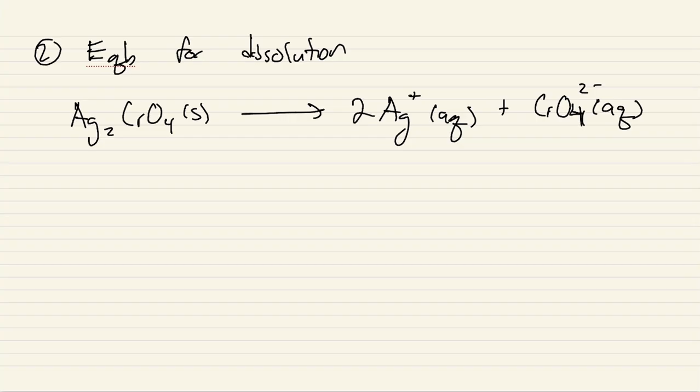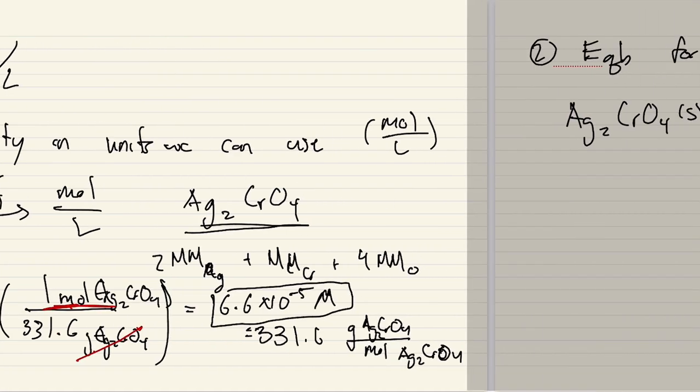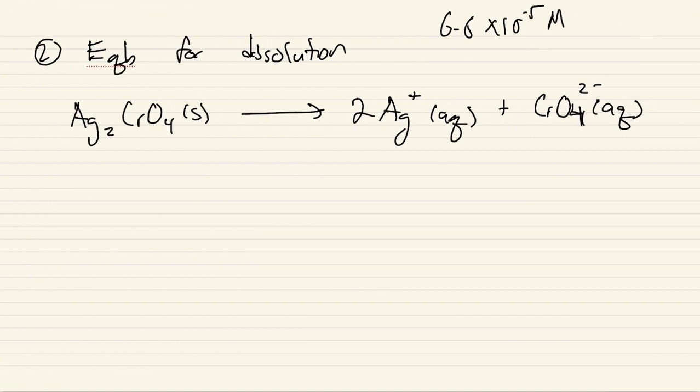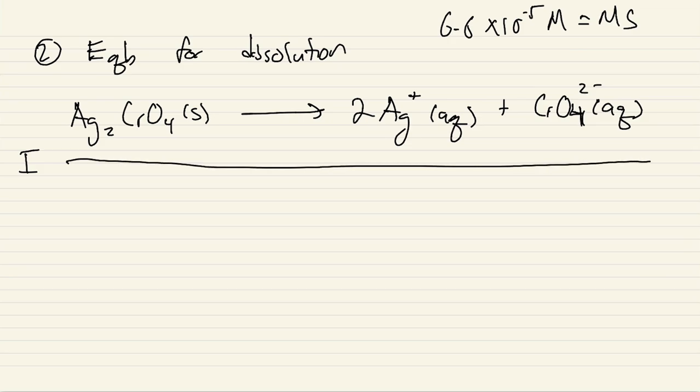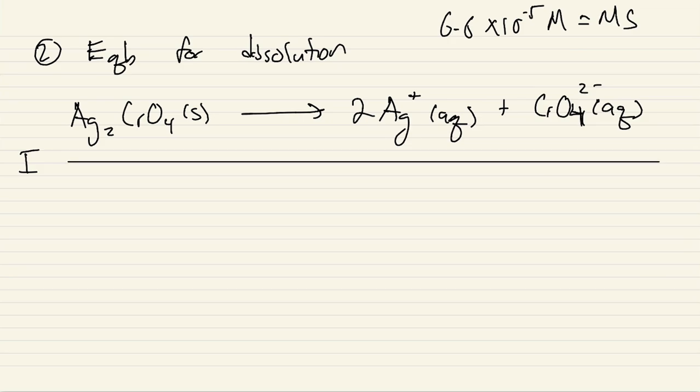Again, our molar solubility was 6.6 times 10 to the minus 5 molarity. Just put MS for molar solubility. We can set up an equilibrium table here. We don't have to say any specific initial amount, because we're given an amount corresponding to what's dissolved in a saturated solution.